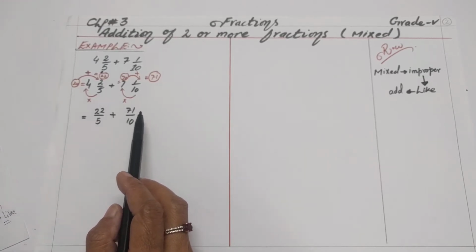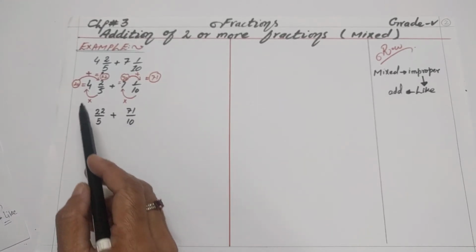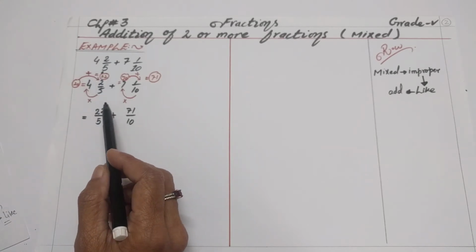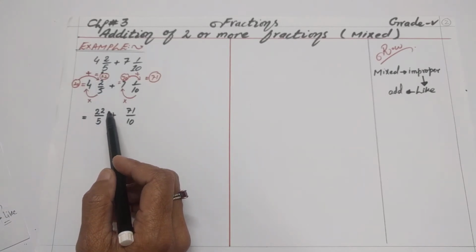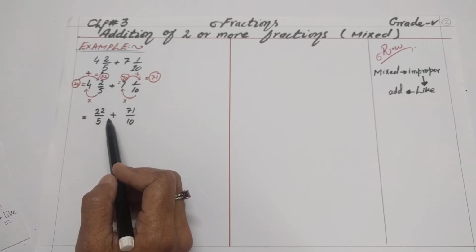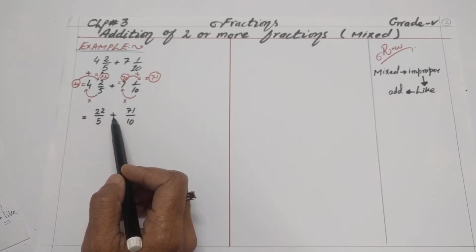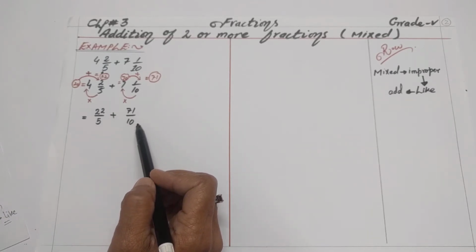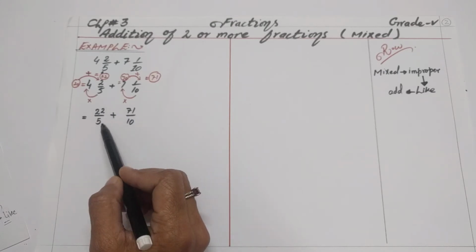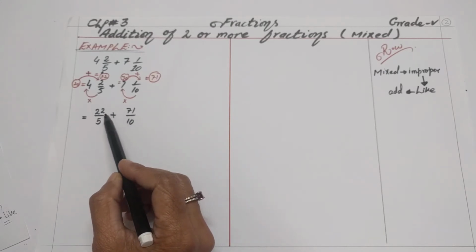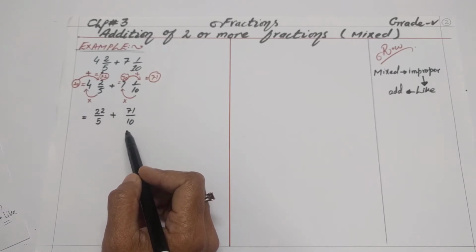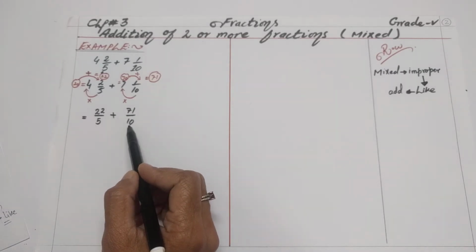Now 4 2 by 5 and 7 1 by 10 in improper form is 22 by 5 plus 71 by 10. As the numerators are greater than the denominators, both are improper fractions. Now I need to add these two improper fractions.